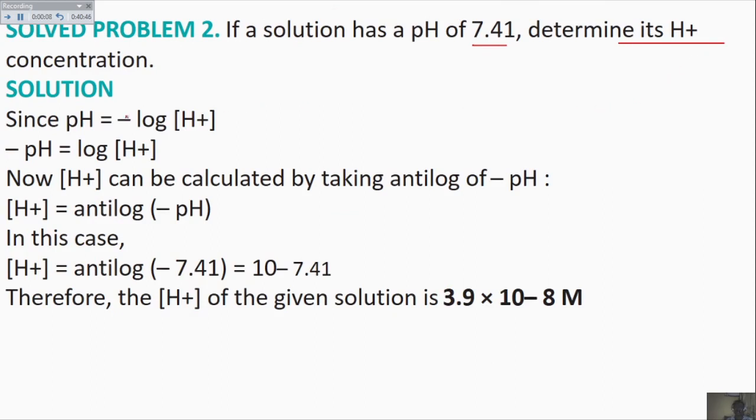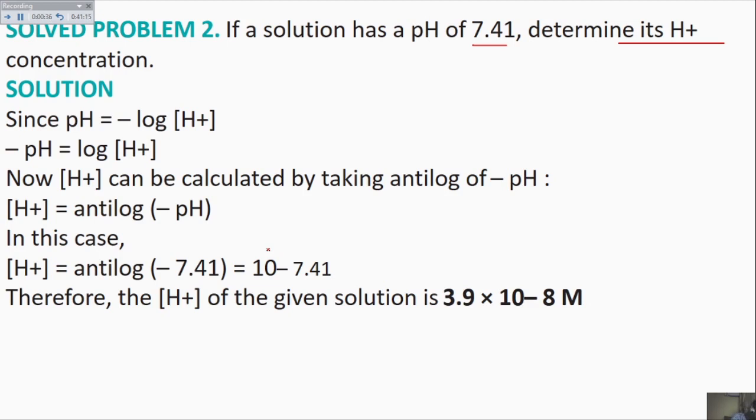In this particular case, you just have to take the antilog. Just take the antilog of minus 7.41. I hope you know how to take the antilog. Press Shift log, then open your bracket and put your minus 7.41, close it.